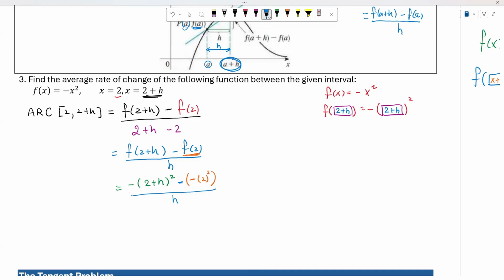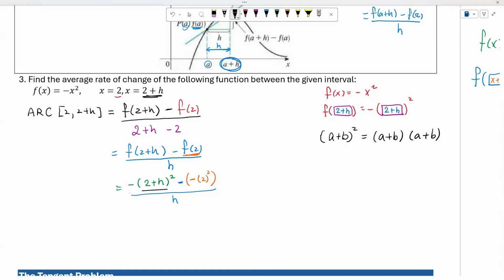Now, a mistake that a lot of students make is when they work with a binomial square. If you have a plus b squared, let me do it this way: it is a plus b times a plus b.